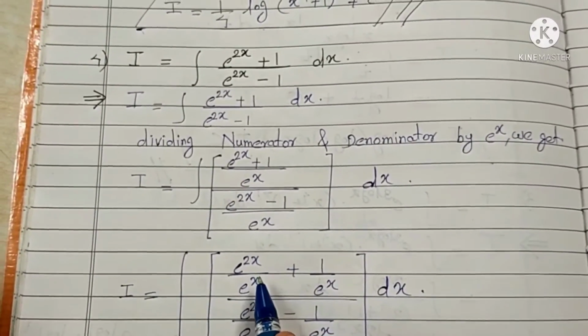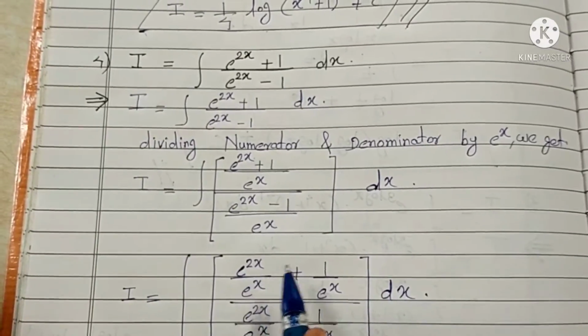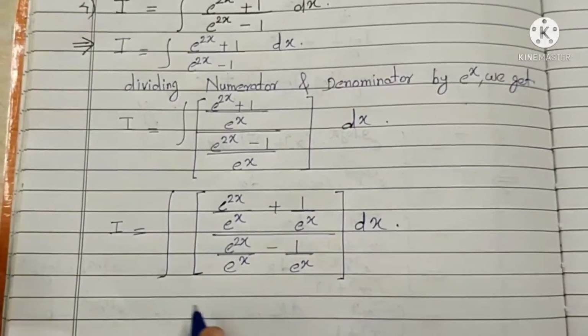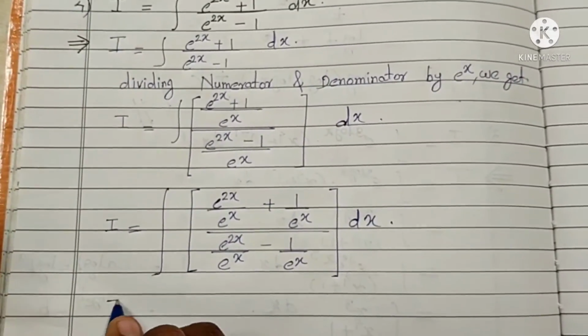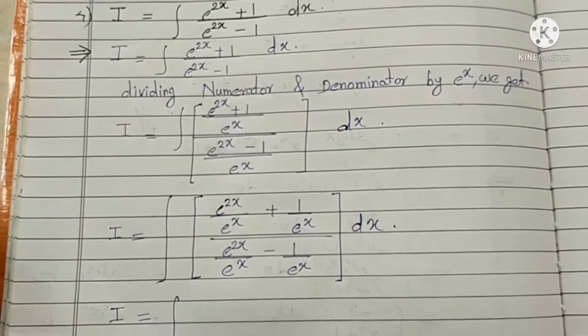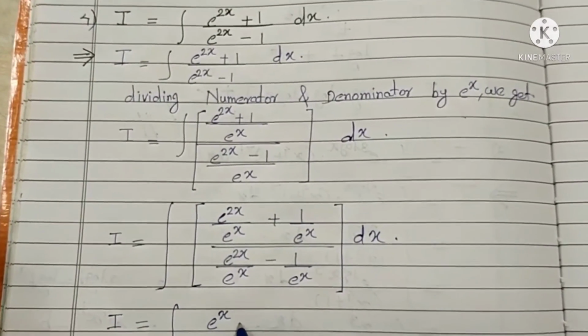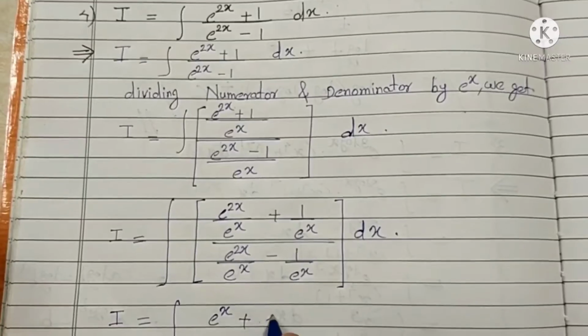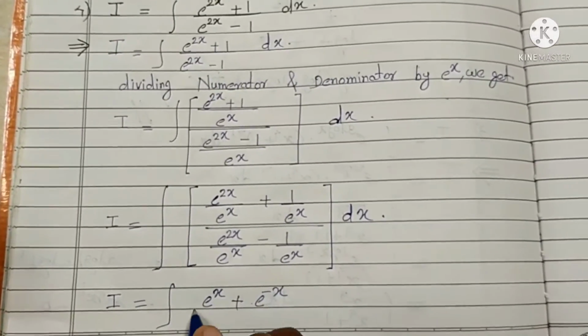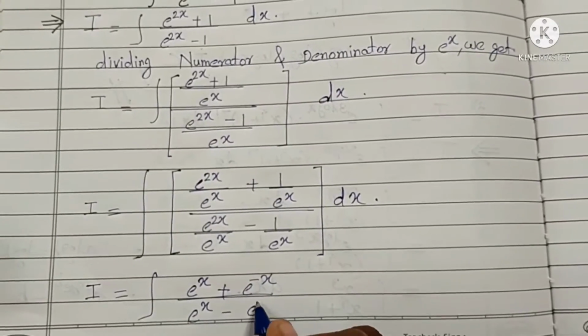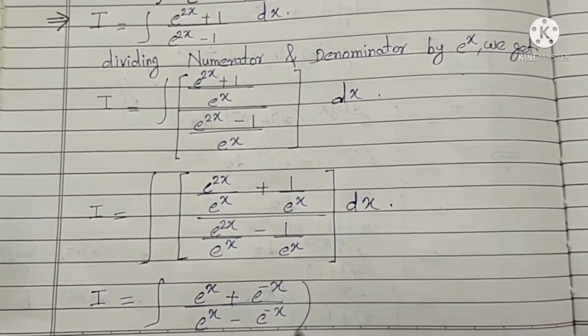So 2x minus x is x. So we get here e raised to x, and here we get e raised to minus x. So our next step is I is equal to integration of e raised to x plus e raised to minus x upon e raised to x minus e raised to minus x dx.